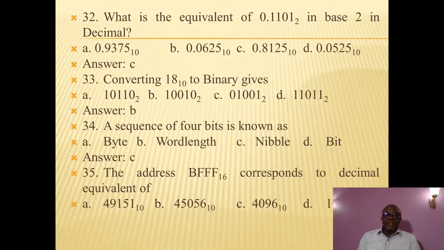And B is what? 11. So the B represents 11 times 16 raised to power 3. So if you expand that and add, you'll see that it will give you 49151 in base 10. So that becomes your answer.